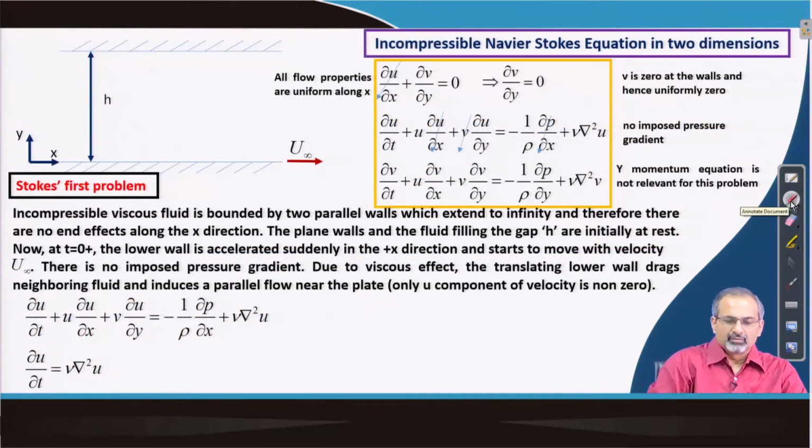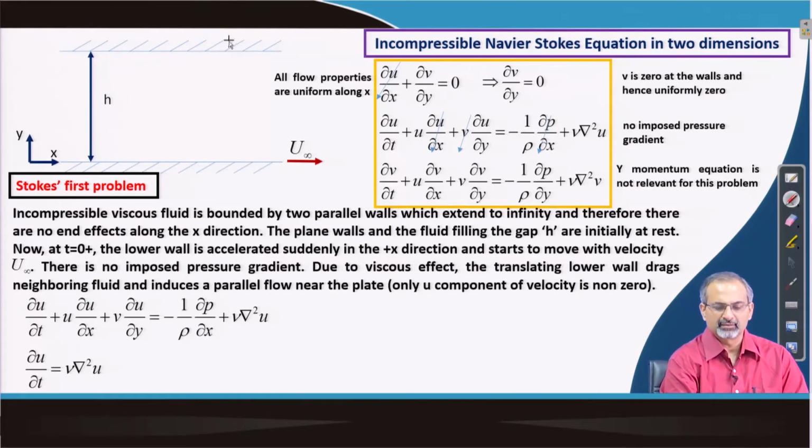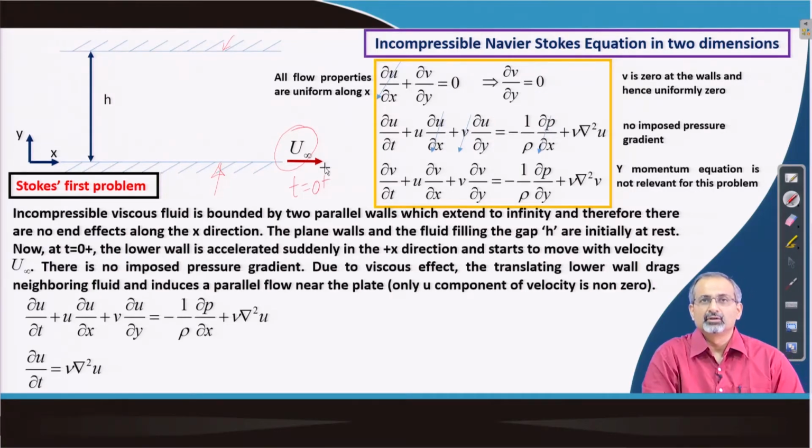So, here we have placed the problem in this form, that we have the two parallel plates. The lower plate is moving with a certain velocity and that movement starts at t equal to 0 plus. Before that, both the plates or the walls as well as the intermediate fluid are at rest. So, it is an incompressible viscous fluid and therefore, we invoke the incompressible Navier Stokes equation.